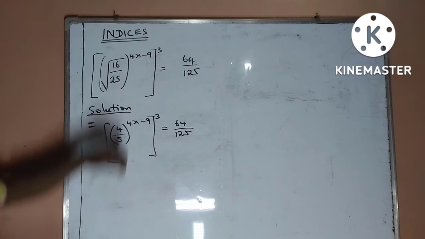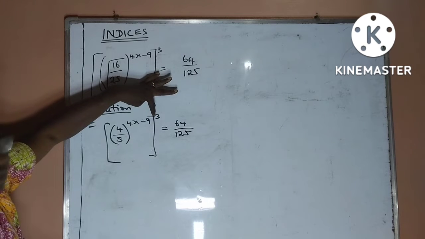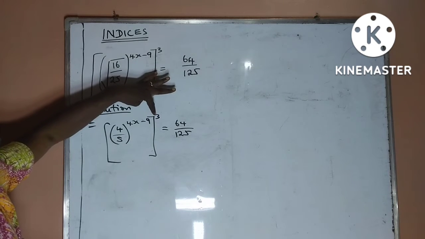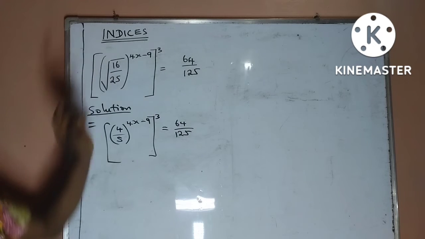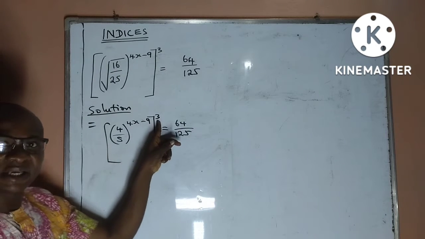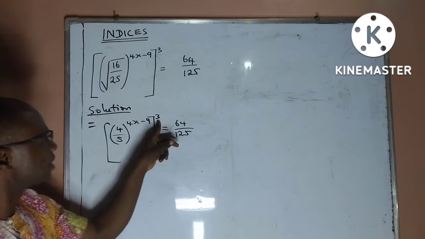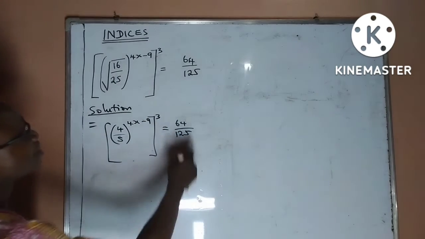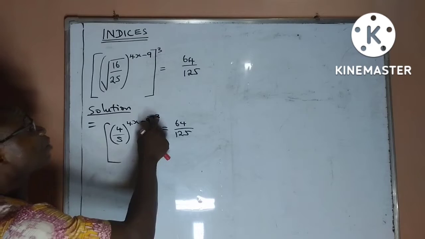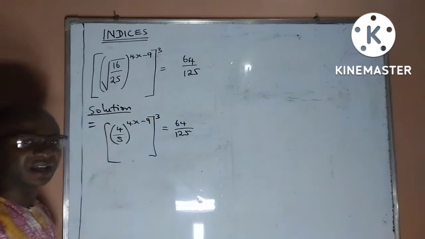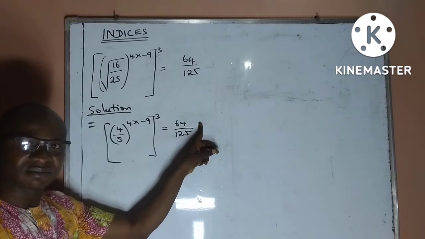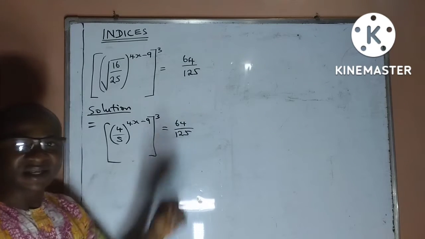Next, I want to remove this 3. To remove this 3, what I will do is multiply the power of the left hand side by 1 over 3, and do the same thing to the right hand side.